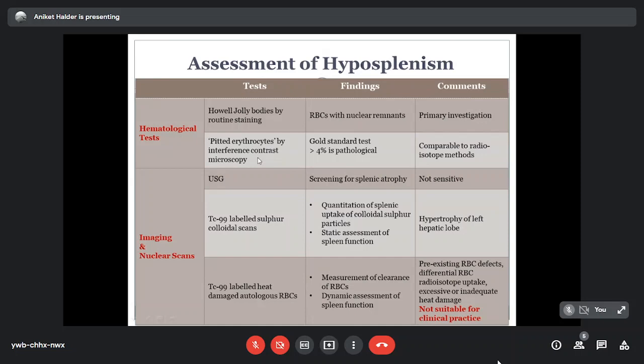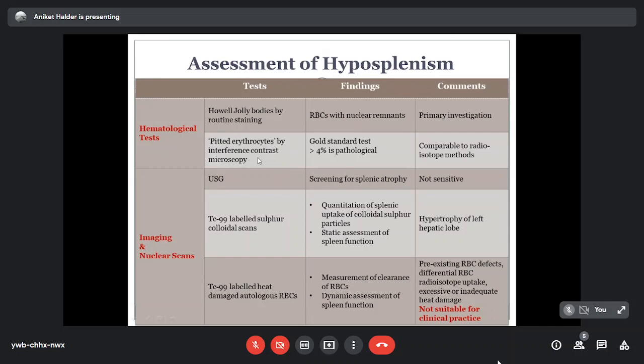So these vesicles, or the pits, are usually removed by the spleen during the splenic circulation by a process called pitting, which I had discussed in the beginning. This pitting action of the spleen is lost in cases of hyposplenism. As this pitting function is lost, these vesicles will remain in the RBCs, and they will coalesce to form small vacuoles or pits.